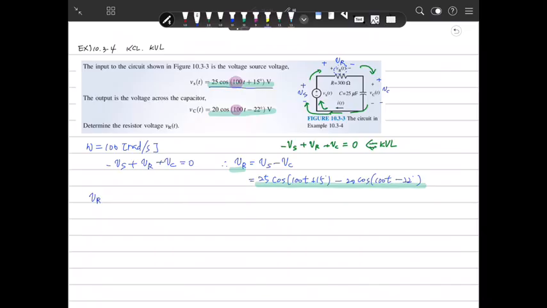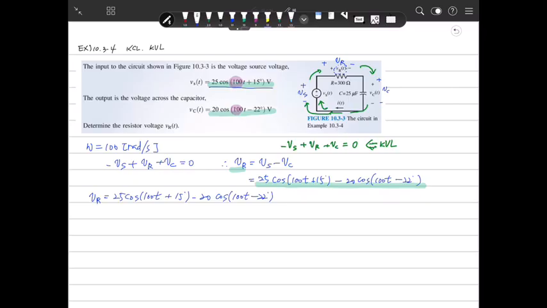So to do that, VR is 25 cosine(100t plus 15 degree) minus 20 cosine(100t minus 20 degree). Wow, it's quite complicated.